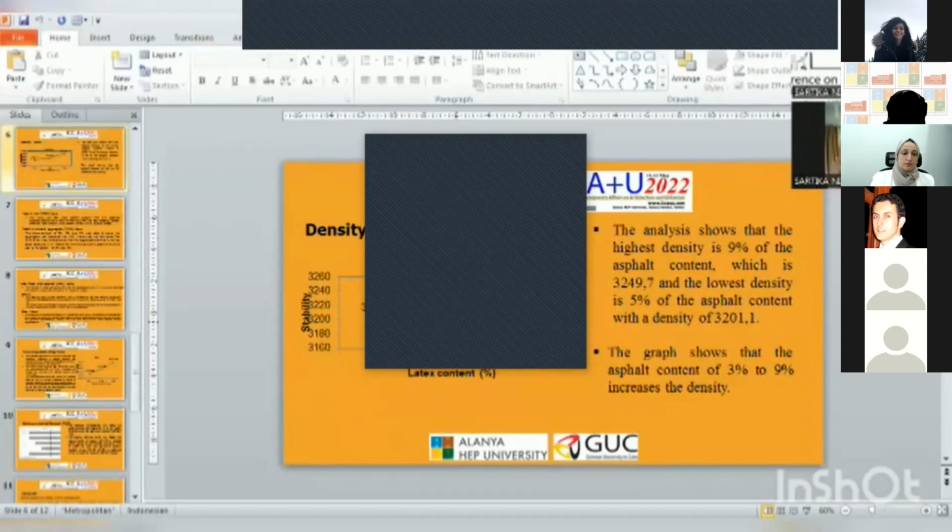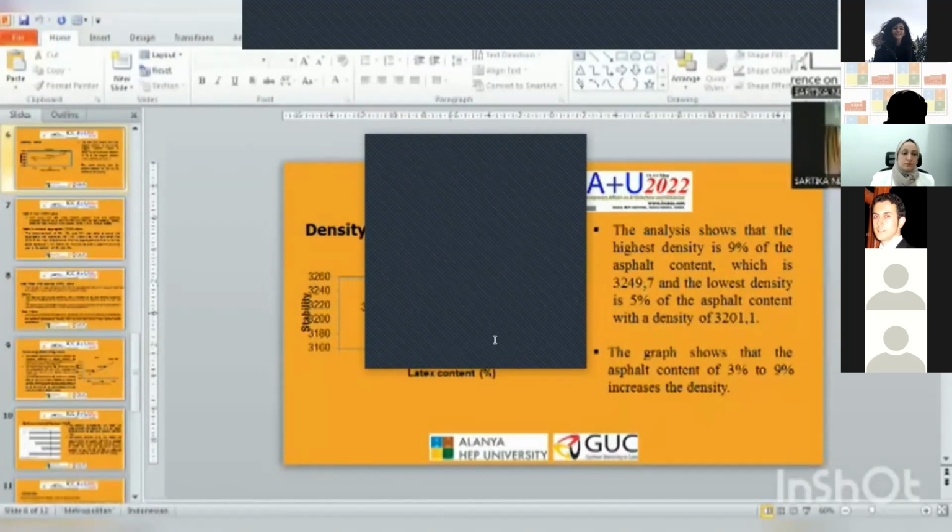The analysis shows that the highest density is at 9% of the asphalt content, which is 3,249.7, and the lowest density is at 5% of the asphalt content with a density of 3,201.1.